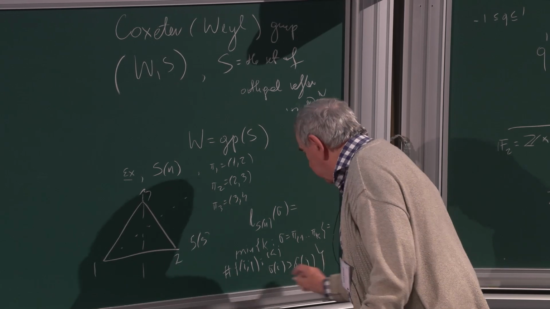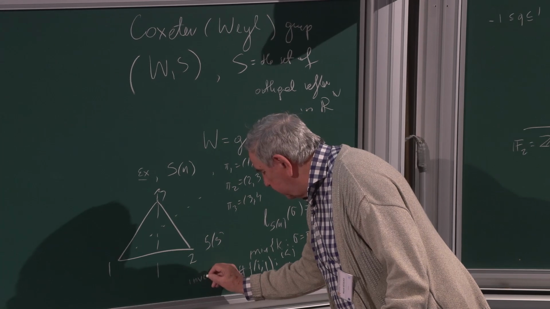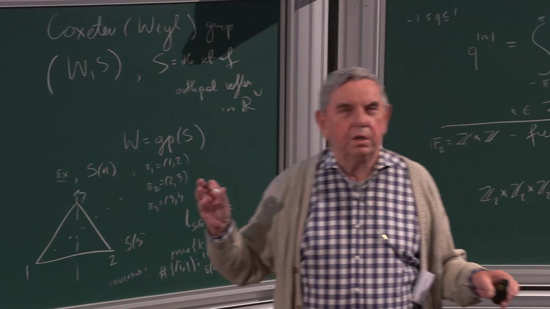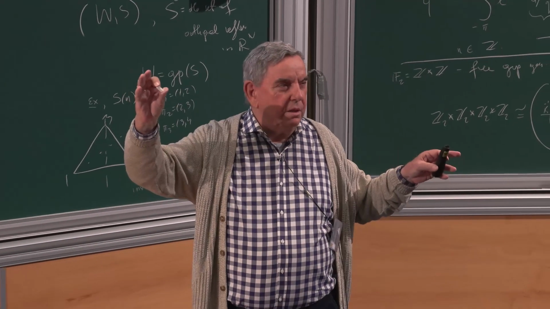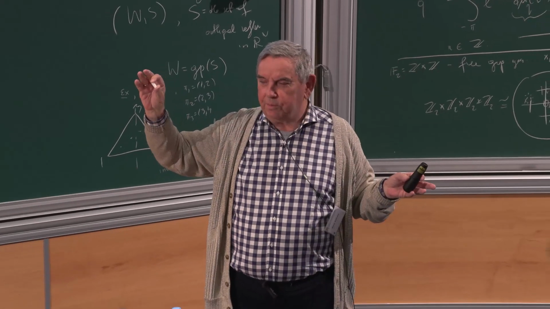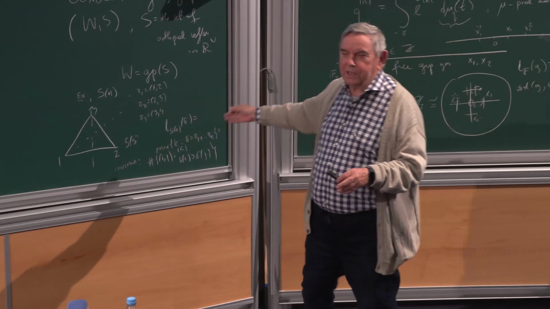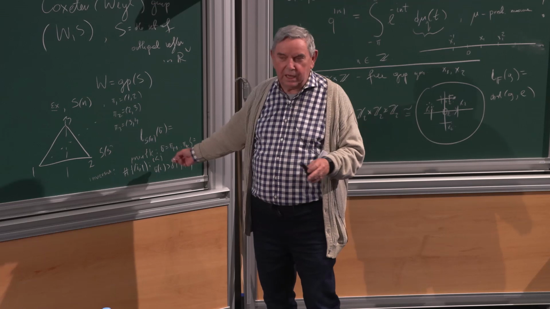This is a very important function, called the inversion number. When you look at Knuth's book, The Art of Computer Programming, there are three volumes. Two volumes are very technical, but the third volume is just about that group and that function, because this is sorting. This is very important in libraries, in life.